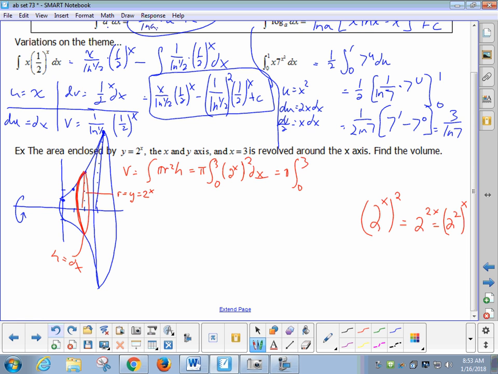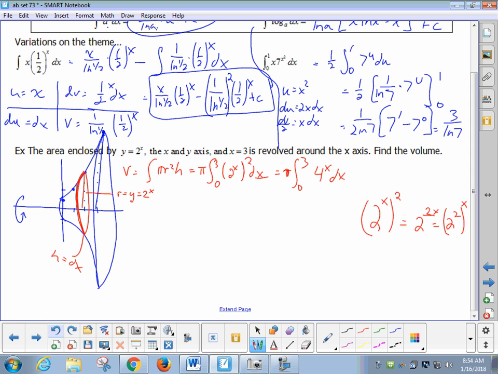The reason you do that is because it's a heck of a lot easier to integrate than 2 to the x to the second. The idea is that you use the power rule by multiplying the exponents, then you undid that, but this time putting the squared in first, and then actually did 2 squared. All right, now we're rolling. That makes it like the exponential antiderivative.